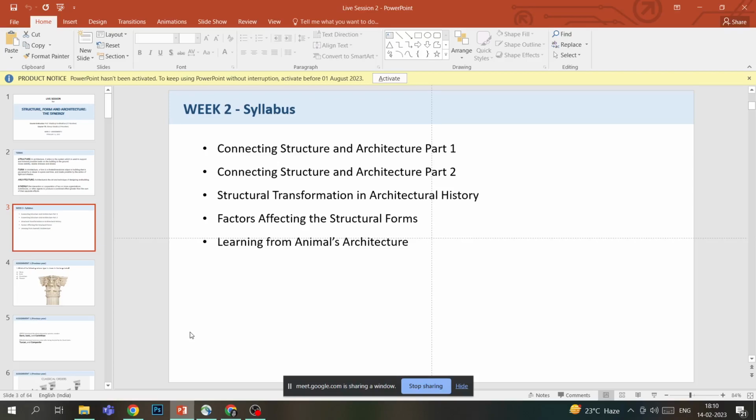This lecture has covered different characteristics of all of these eras, different kinds of buildings and famous buildings of these eras, and it tries to show how we have evolved with time and where we are right now, and to identify the various kinds of structures involved throughout these eras of architecture. Next, lecture 9 was about factors affecting the structural forms.